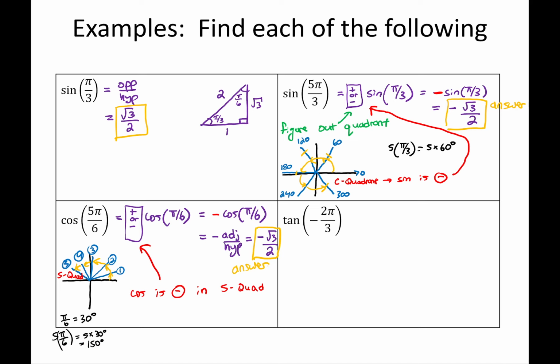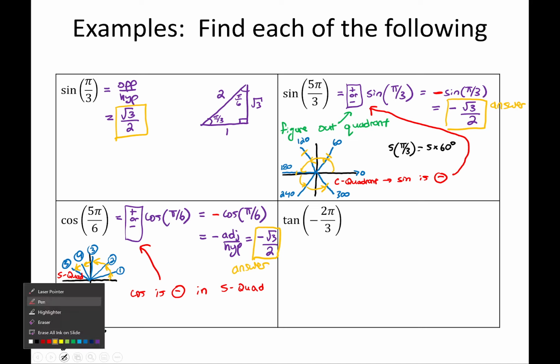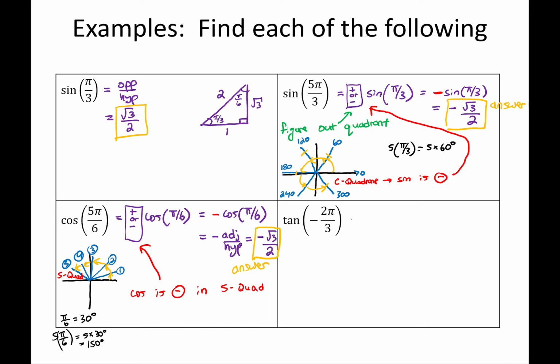Okay, now the last one has a little bit of a twist to it. 2 over 3 is reduced, so it'll be plus or minus tan of pi over 3. So I'll leave a space there.